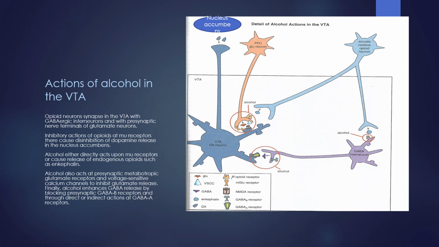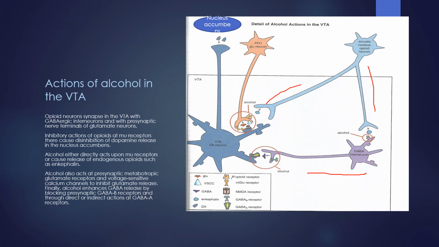It's supplying the dopamine neurons directly and also indirectly through this interneuron, which is called a GABAergic interneuron. Now, when the opiate is released here, the alcohol occupies the mu receptor, rather than this enkephalin, which is an endogenous opioid, which would have attached here and caused the effect to release more dopamine here.